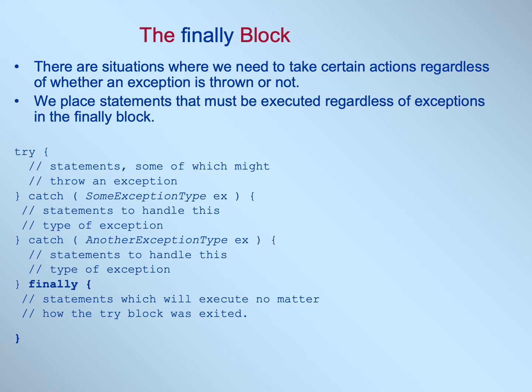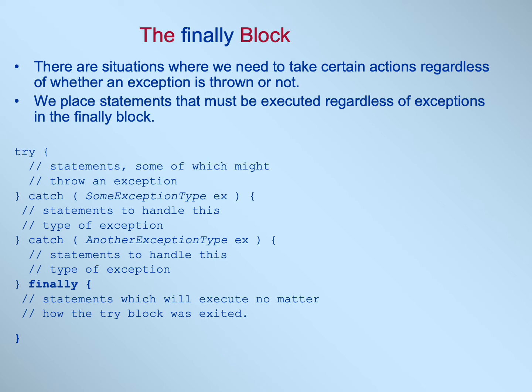Now we are going to look at the finally block. There are situations where we need to take certain actions regardless of whether an exception is thrown or not. We place statements that must be executed regardless of exceptions in the finally block.